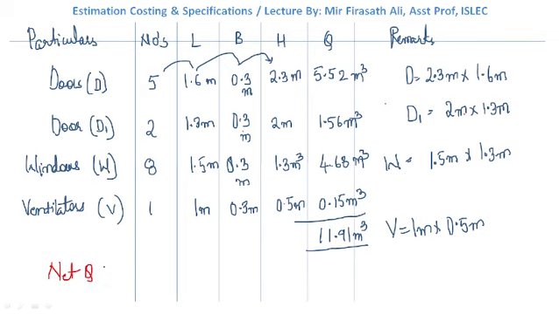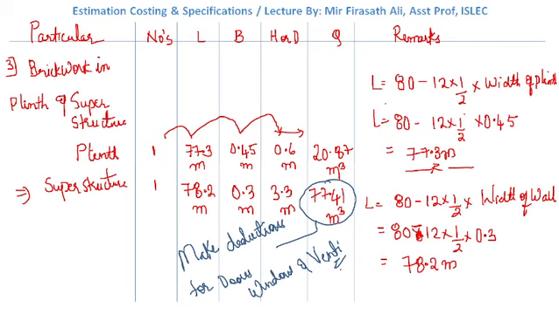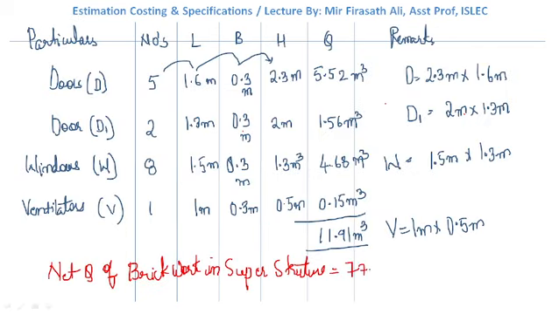Net quantity of brickwork in superstructure is equal to, what is the earlier quantity we got? 77.41 minus 11.91.